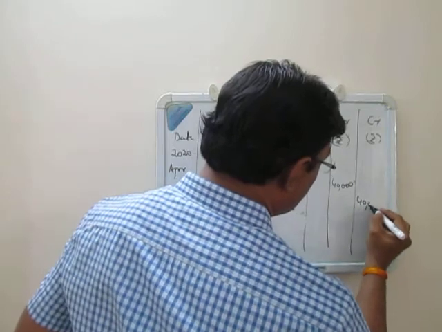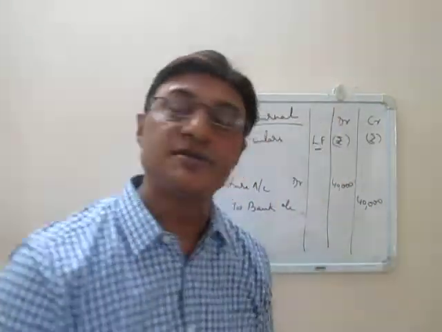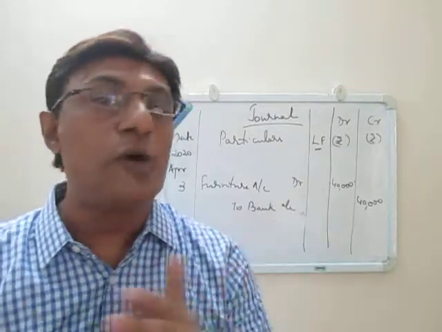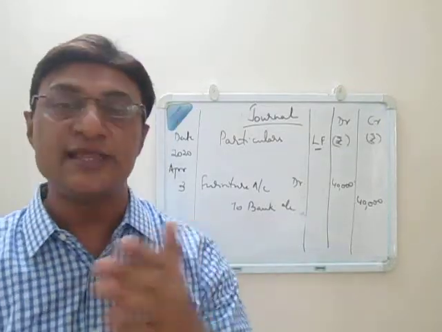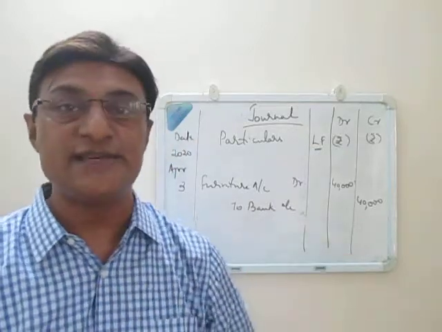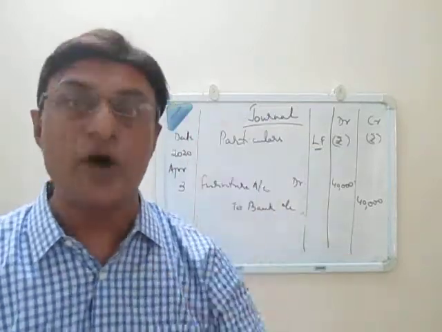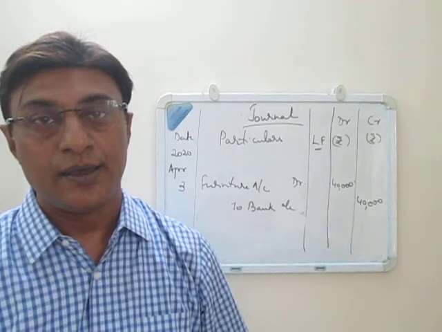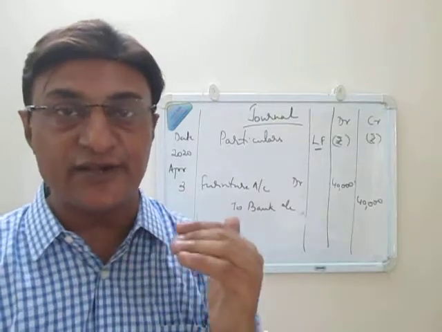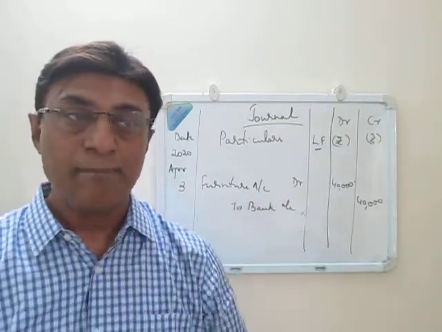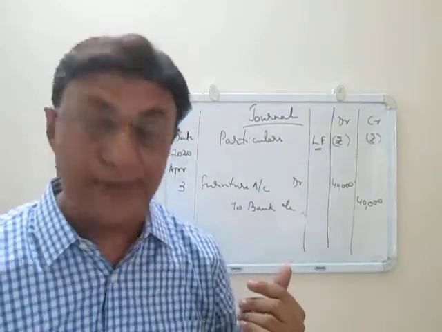I insist that you punctuate the amounts pretty well. 2,000, 18,000, 1,80,000. Be very neat. The secret of success in accounts is discipline. Be disciplined and everything falls in place by itself.